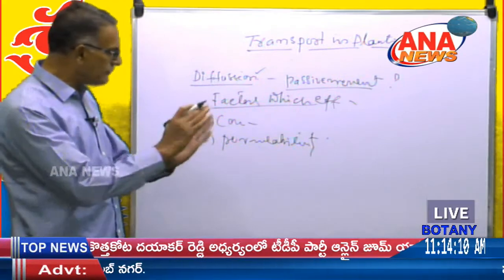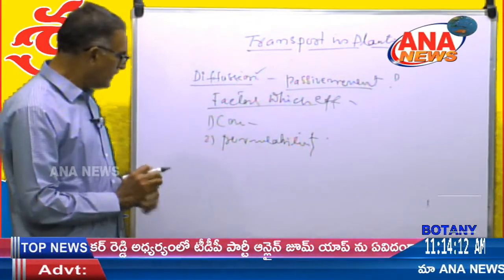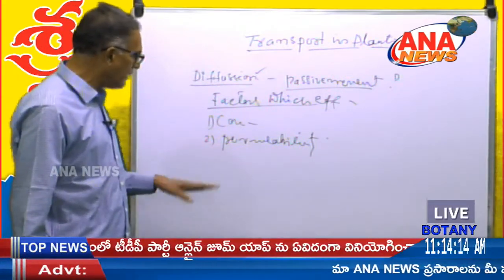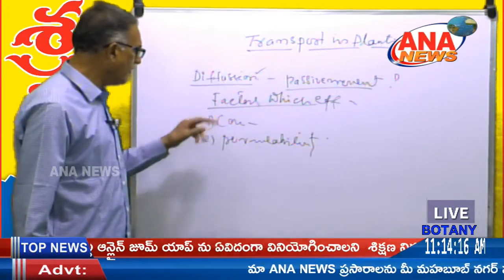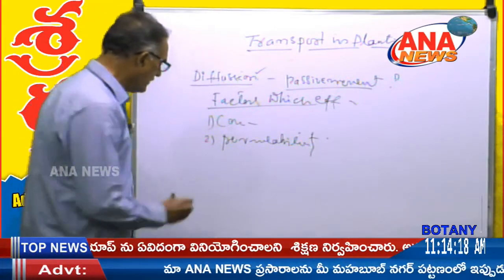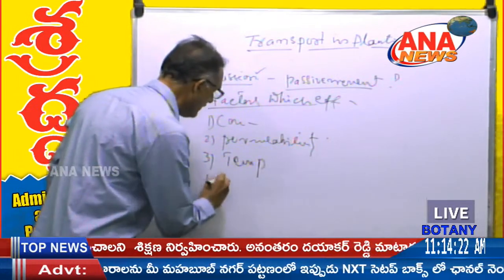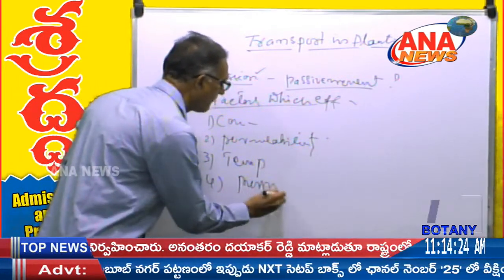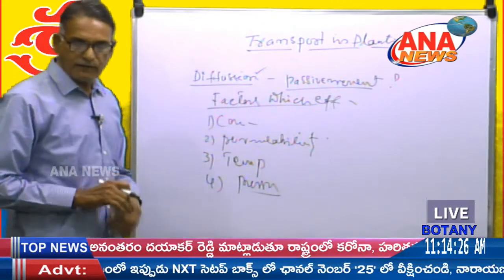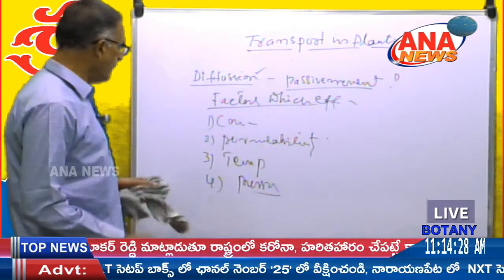The membrane which is separating the two systems, its permeability also affects the diffusion. The third one is temperature. The fourth one is pressure. These are the factors that influence diffusion.